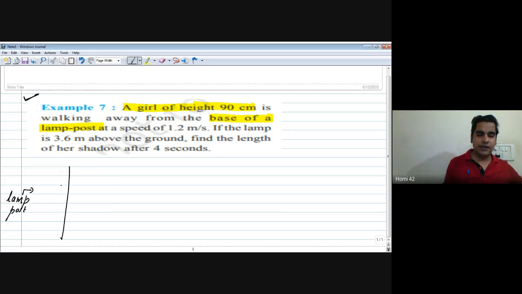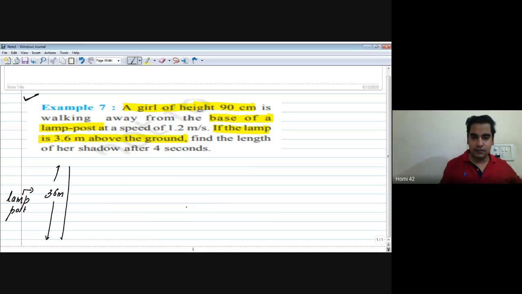What's the height of the lamppost? The height of the lamppost is already given to us. If the lamp is 3.6 meter above the ground, this is the height of the lamppost, 3.6 meter.